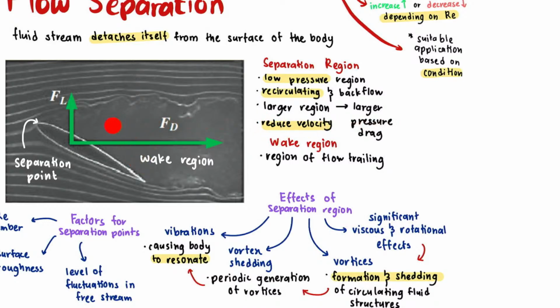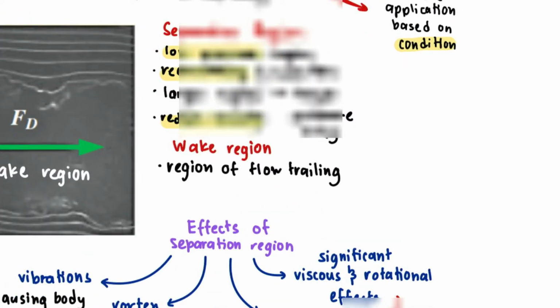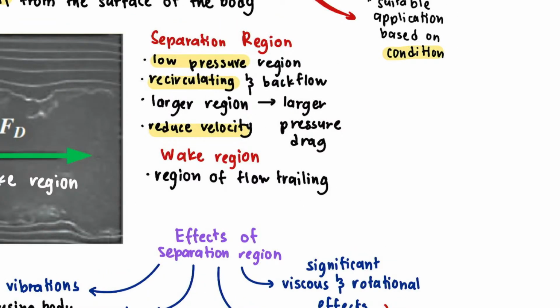If the separation region is larger, it will have a much larger pressure drag. It will reduce velocity. As you can see here, it mentions it reduces velocity.